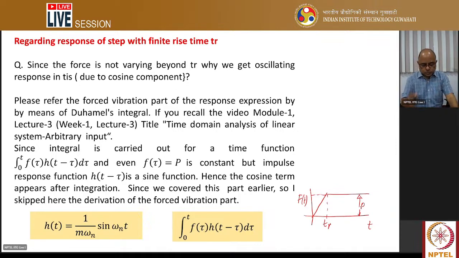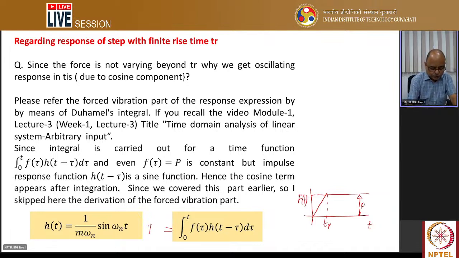But an oscillating term is there in the form of a cosine function. This is due to the fact that we have obtained this forcing part, that is the particular integral, using Duhamel's integral.